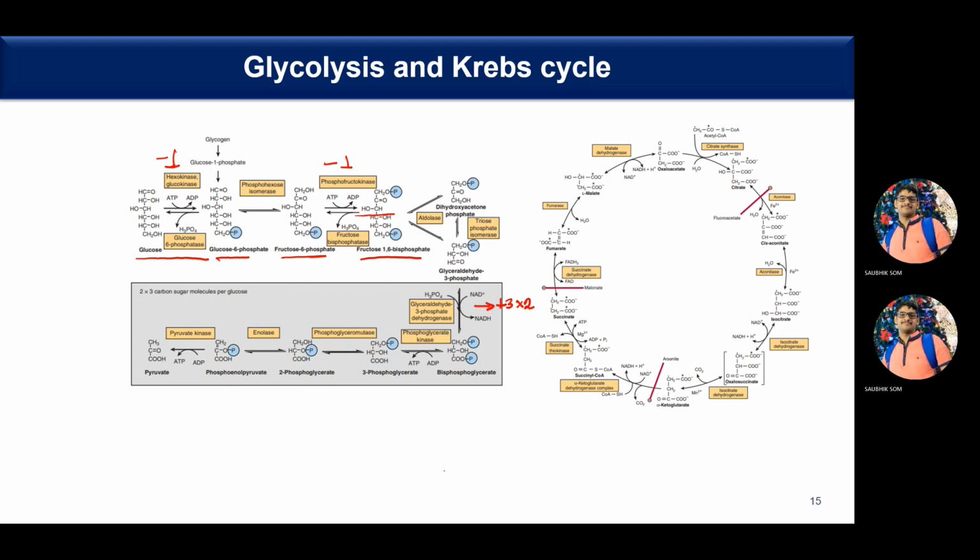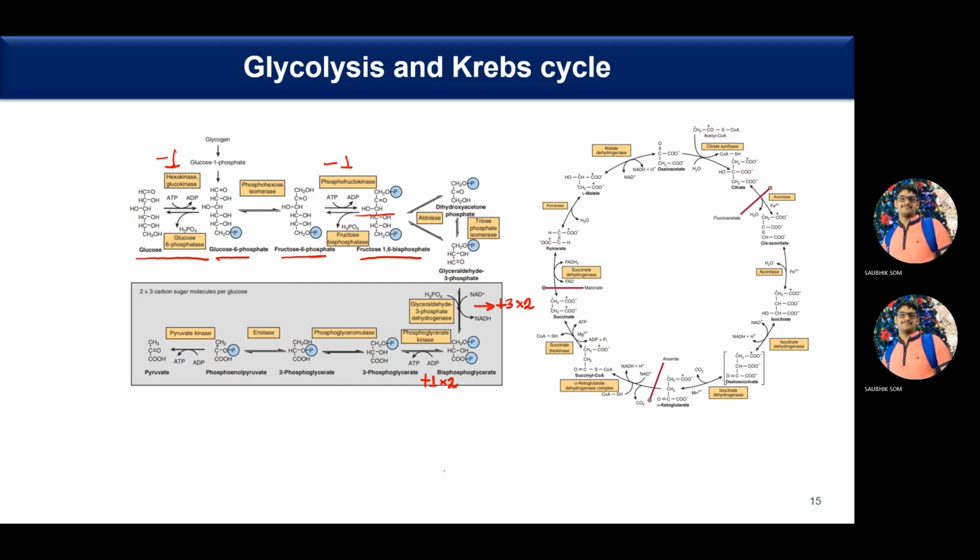And in this case, from glyceraldehyde 3-phosphate dehydrogenase, there will be 1,3-bisphosphoglycerate, right? One position, third position. So there is a net ATP synthesis of plus 1 into 2, because there will always be two molecules.